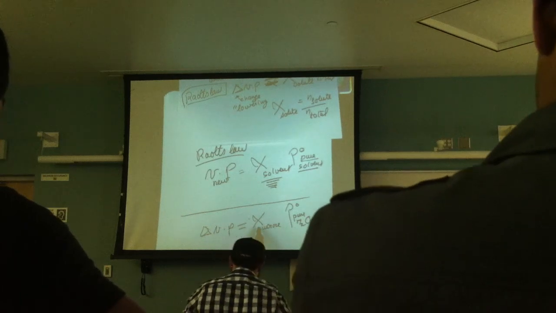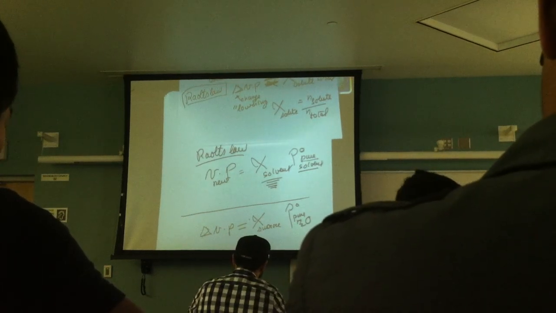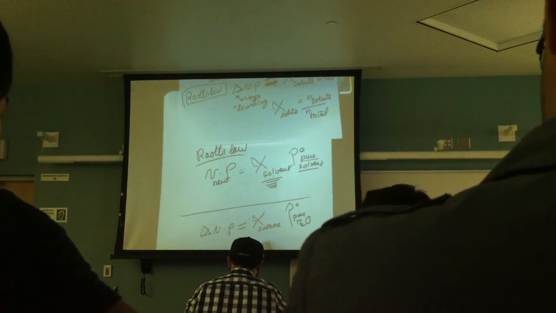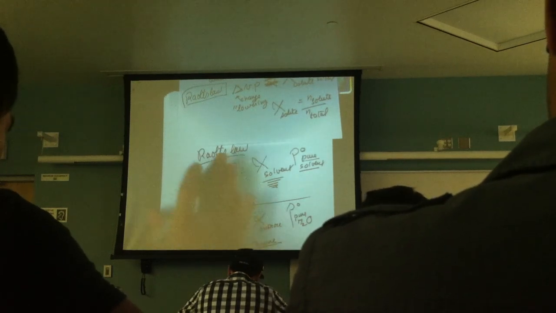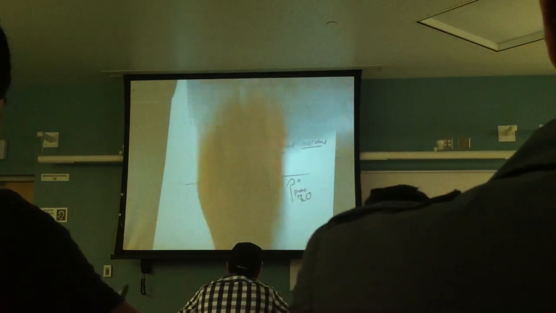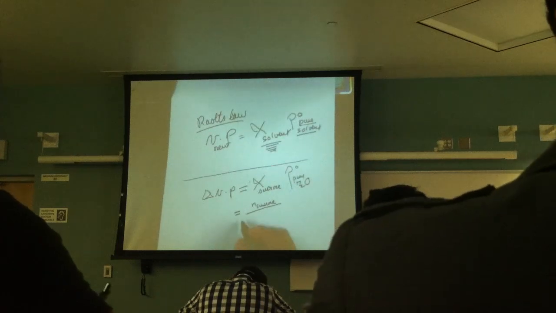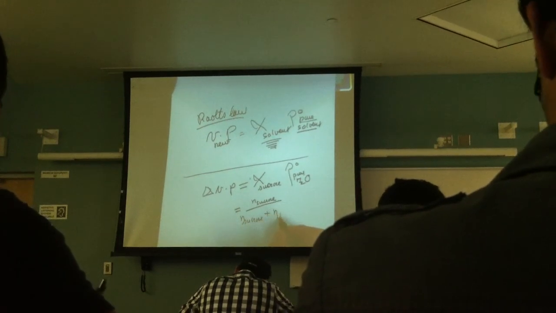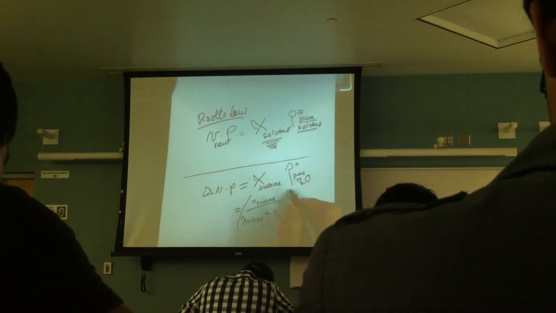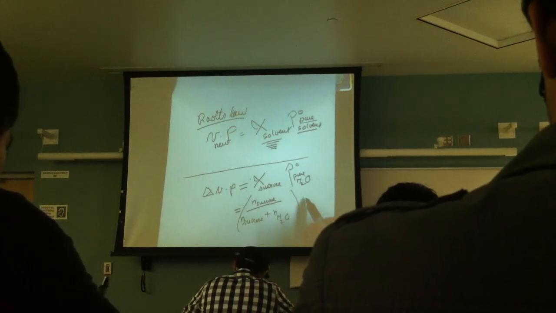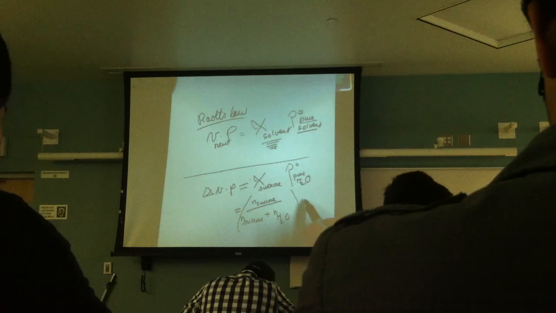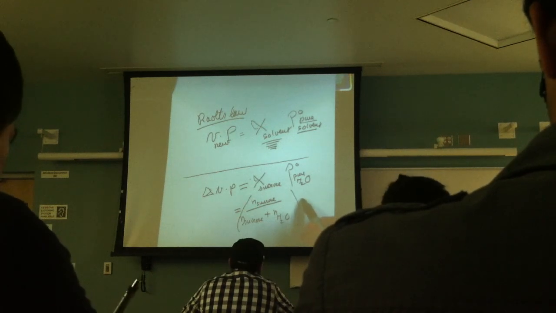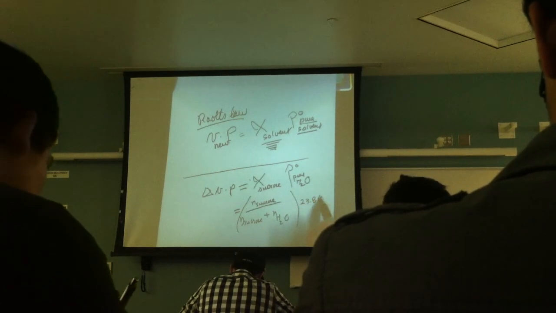Do you still remember what mole fraction means? The number of moles of sucrose divided by the total number, which is the sucrose and the water. This is mole fraction, multiplied by the pressure of the water. The pressure of the water, they say 23.84.